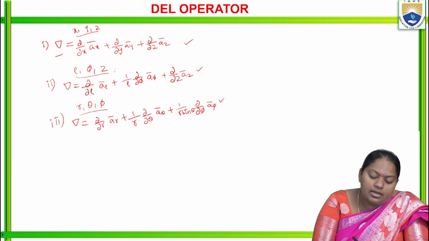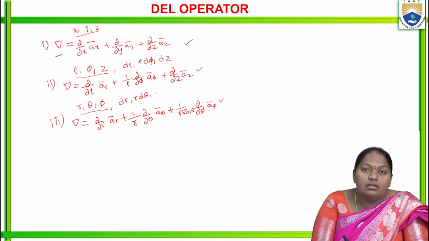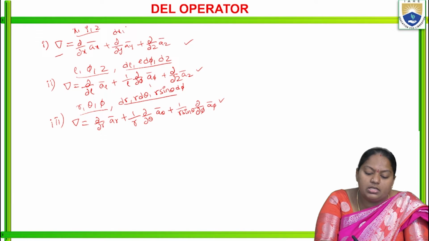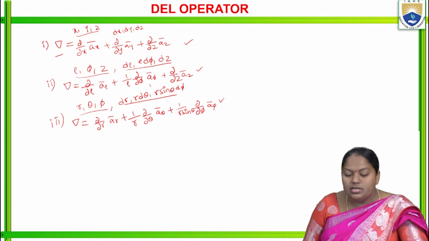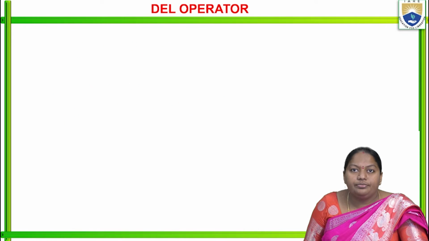Whereas for the second case, the differential components are d rho, rho d phi and dz, and for the third it will be dr, r d theta and r sin theta d phi. Depending upon all these differential components, we write the del operators, right? This del operator is also called the gradient operator.